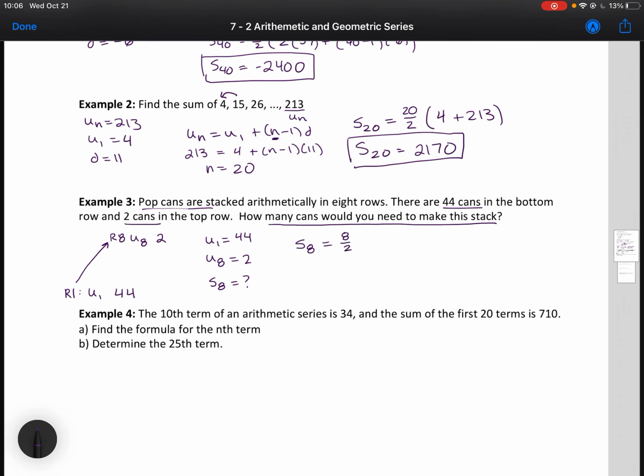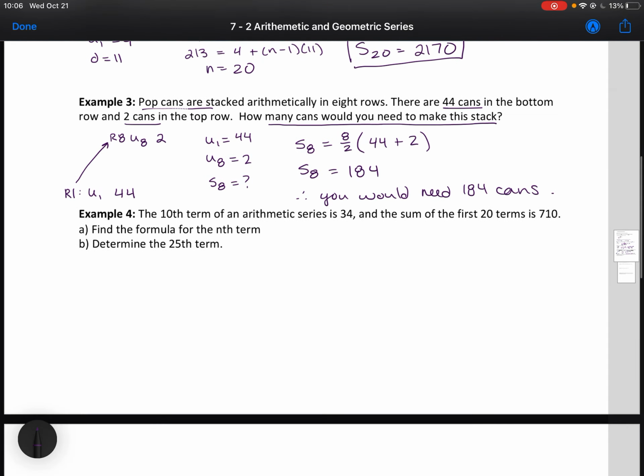So I've got n divided by 2 times my first term plus my 8th term, which gives me the sum, which is 184. So that tells me that you would need 184 cans. Neat application there.